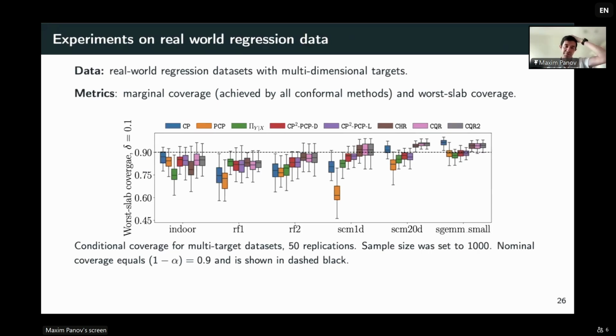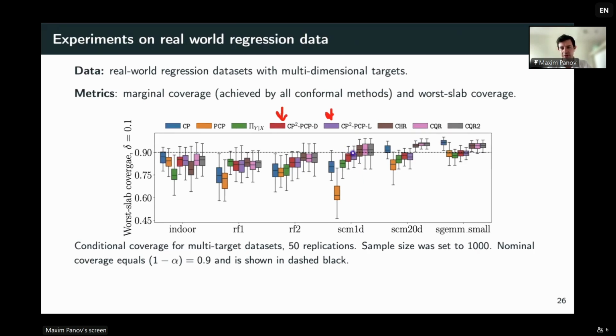We also have some experimental results. We consider many different data sets, and we looked at certain approximations of conditional coverage. I'm not sure that it's very easy to see something here, but our methods, different variations of our method, are the red and purple ones, so they're in the middle, and in many cases they're better.